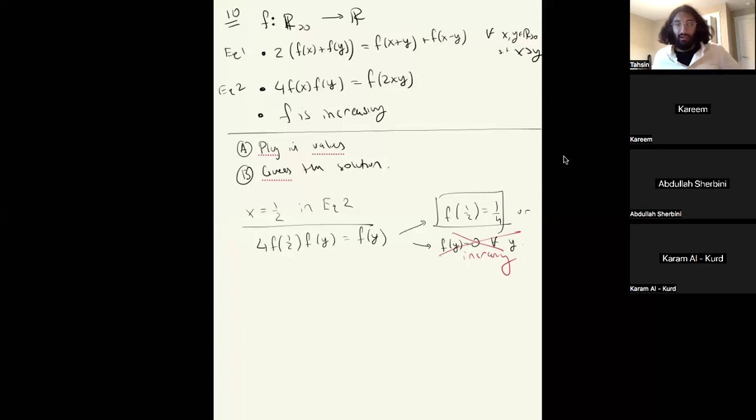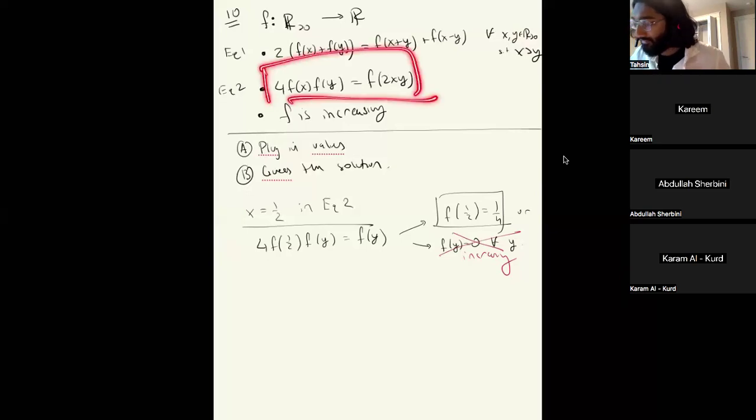So we plugged in many values. Any idea how to guess the solution? Maybe I'll point something out. The second one is actually another Cauchy equation.